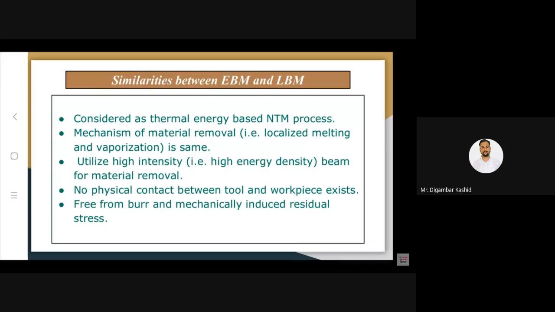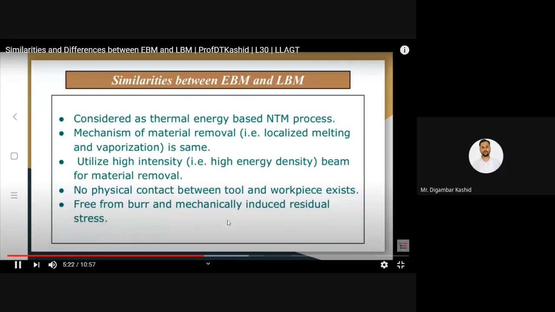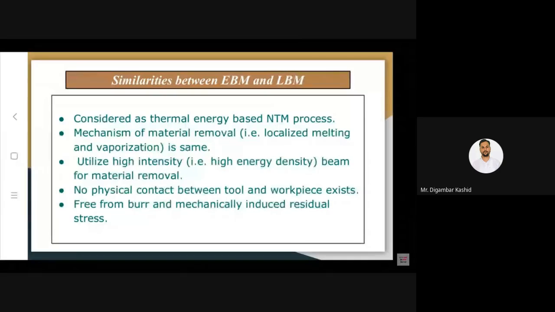Then mechanism of material removal, that is localized melting and vaporization, is same in both the processes, and both the processes utilize high intensity, that is high energy density beam for material removal. However, the beam constituent is different. Next one is no physical contact between the tool and workpiece exists in any of these processes. So the processes are free from burr and mechanically induced residual stresses.